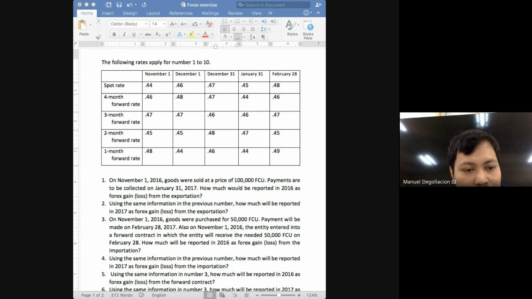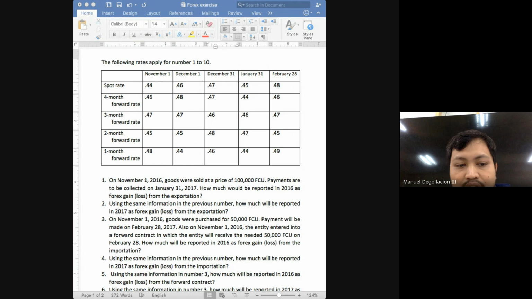Another important takeaway, class. Forex gains and losses from importation and exportation, as I have already mentioned, will be reported in your profit or loss. It will not be reported in your other comprehensive income.